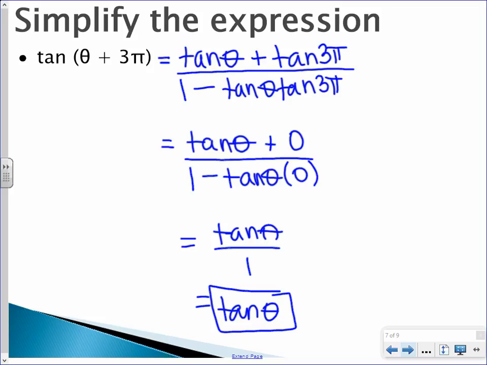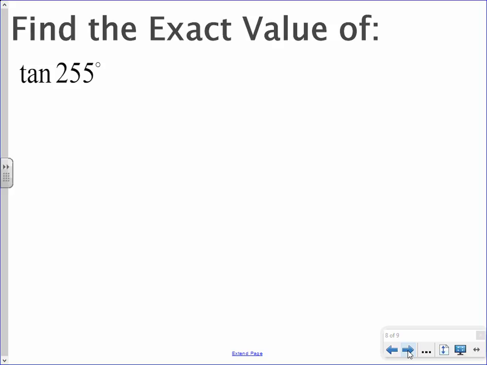That second sine example, we worked backwards with our identity or with our formula. But then that first example, we took an angle we didn't know how to evaluate, and we broke it up to a sum or difference of two angles that we did know how to do. Our last example is a tangent example where we're going to have to do that.